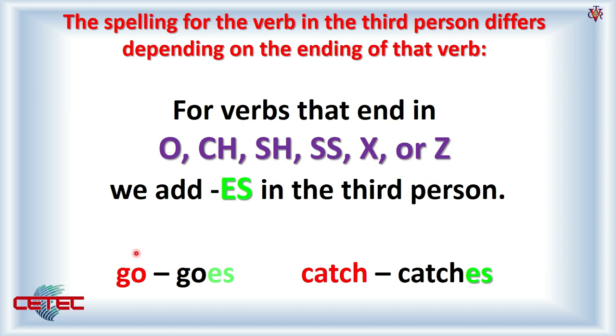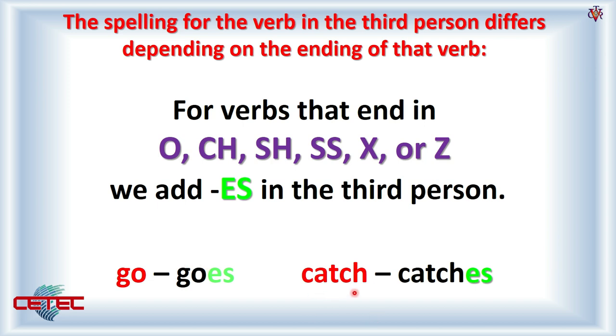For example, go. Here it ends in the vowel O, and the structure says that we add ES: go, goes. Don't forget, in the third person, the verb has to be different.